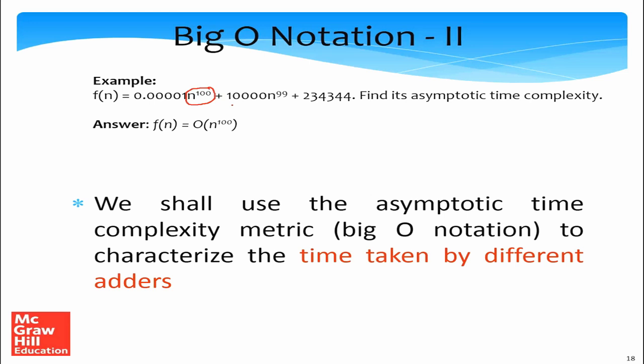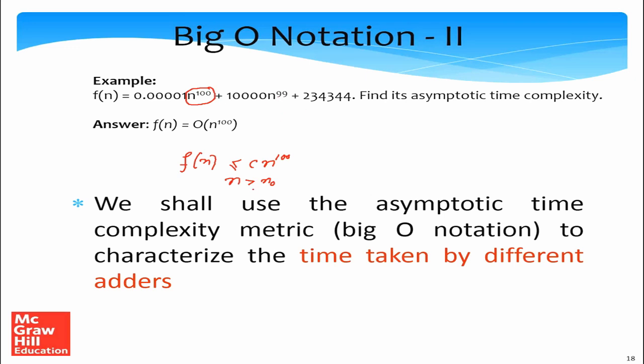Why is this the case? Because if this is f(n), we can always find a constant c such that f(n) is less than c times n to the power 100 for a certain n greater than n0. So basically we can always find something of that nature. If I set c as 10,000, then 10,000 n to the power 100 is more than this term, but again these two terms will increase.